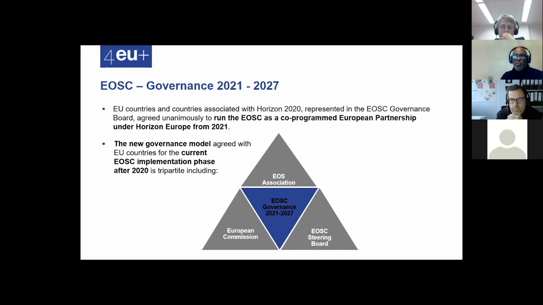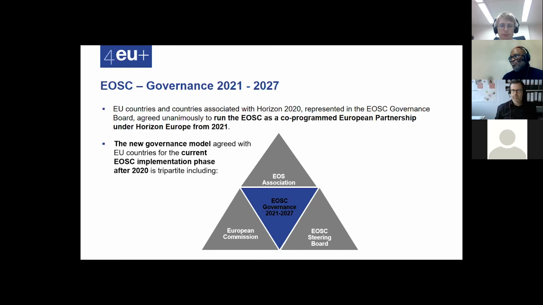once they are ready to release it and make it available to the public. It has gone through various phases, and this last phase, 2021-2027, is where the European Open Science Cloud Association starts to talk about how to implement this particular TRIA document.